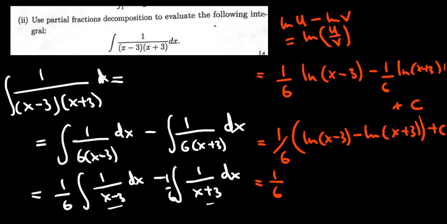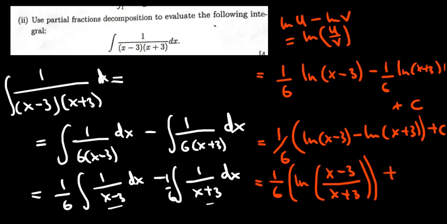So I'll write this in that form. That is going to be 1 over 6 ln of x minus 3 over x plus 3, plus c. So now I have integrated that according to what I was asked for.